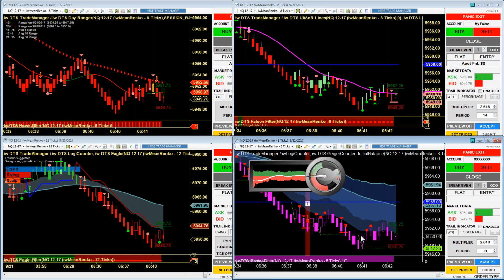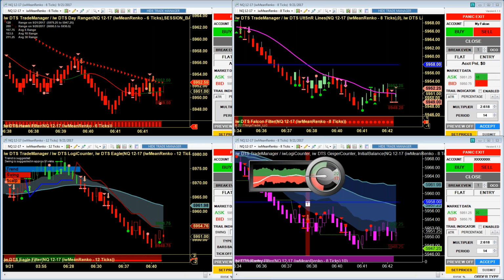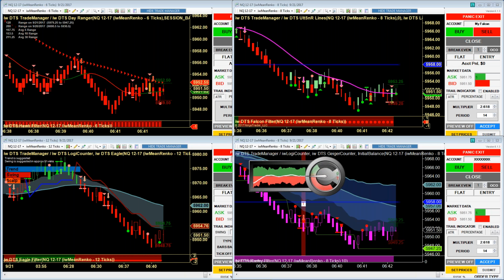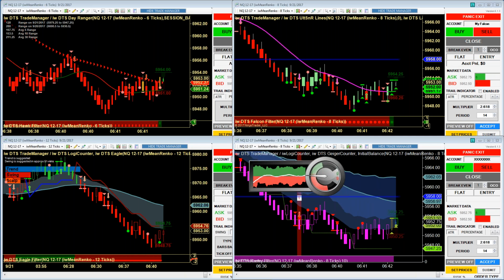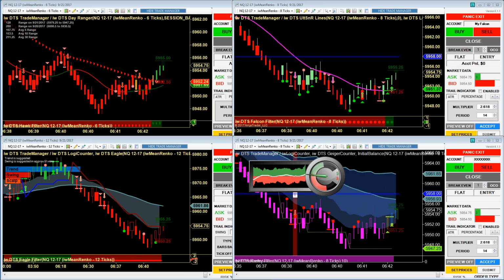And we had comparable follow through on the other tools as well. So we'll see here in a few minutes whether I should have held on a little longer or whether that stop out was a good place to take profit.